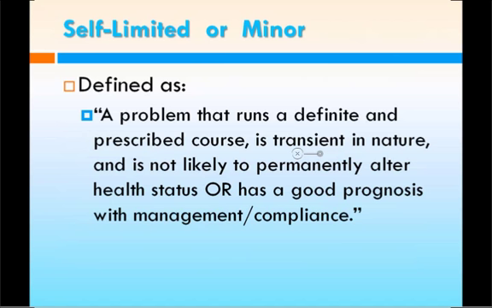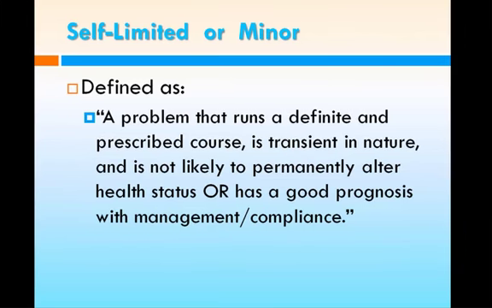CPT defines a self-limited or minor problem as a problem that runs a specific course, is transient in nature, and is not likely to permanently alter health status or has a good prognosis with management compliance. So clearly this is the case with something like a common cold, like a 460, which is self-limiting, a virus that affects the upper respiratory tract.